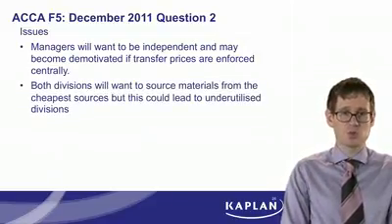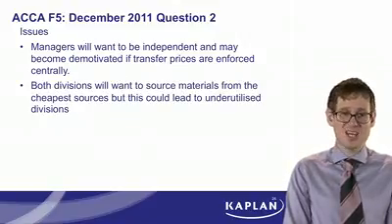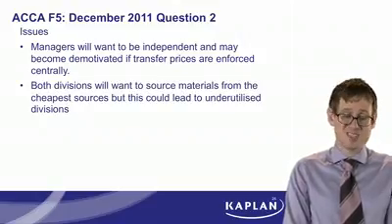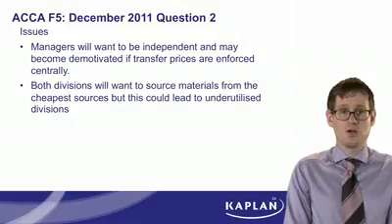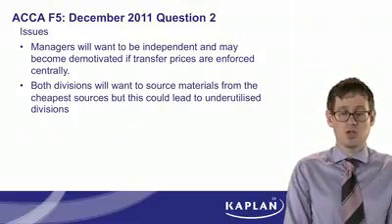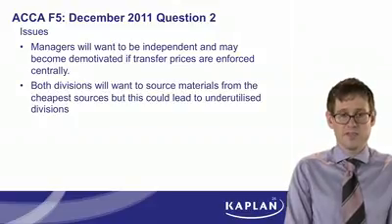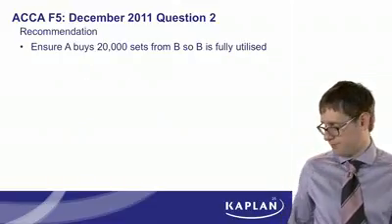Ideally, they will want to source materials from their cheapest possible sources, but this could lead to underutilised divisions. If, for example, Division A was able to source bath fittings for $50, it would decide not to use Division B at all. This would leave B running under capacity. What's our recommendation then?